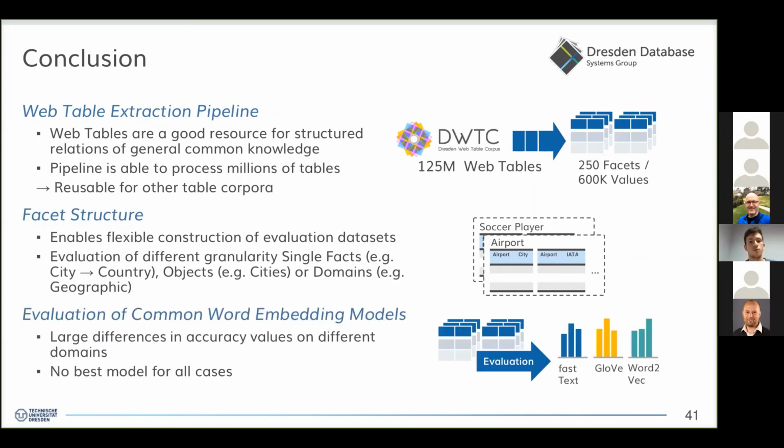And our evaluation on common word embedding models shows that there are large differences in the accuracy values for different word embedding models on different domains. And there's no best model for all cases. So this also motivates this construction of the dataset. We published the dataset on the data science platform Kaggle. And yeah, with this, I want to thank you for the attention and go over to questions.